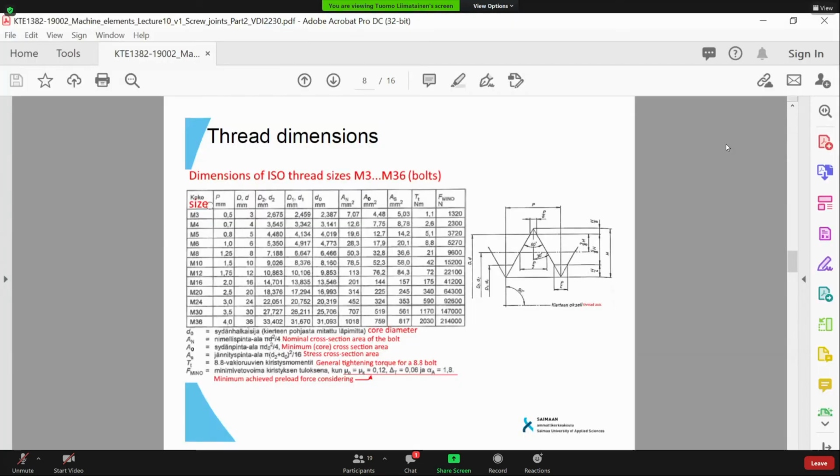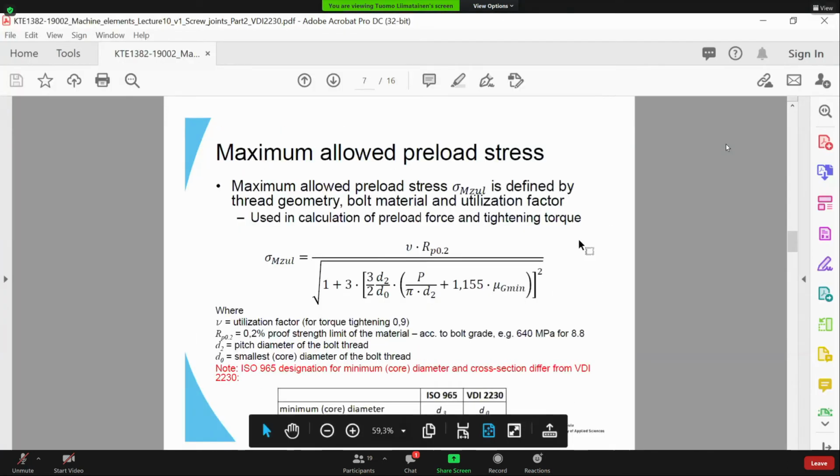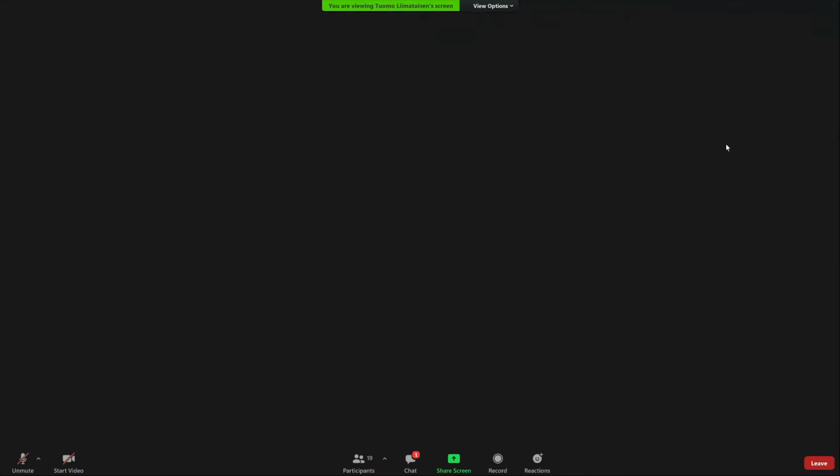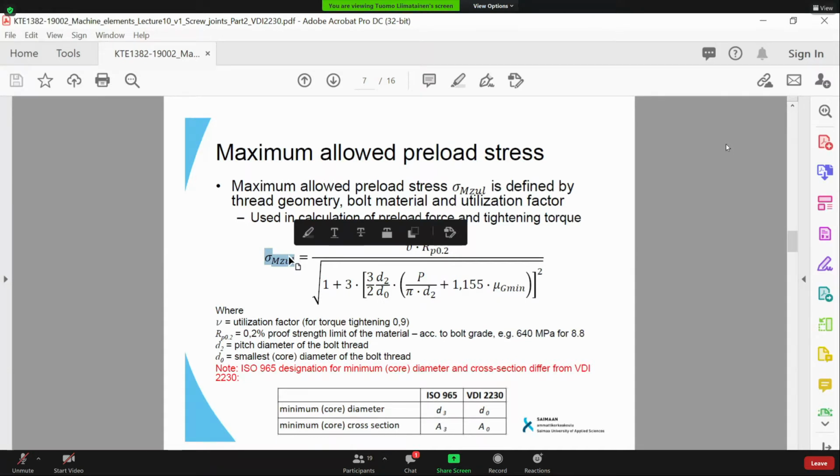And when you calculate the maximum allowed preload stress using this sigma m-Joule equation, in this task this value would be something like 765 megapascals. So we are nearly twice above the allowed stress in the bolt.